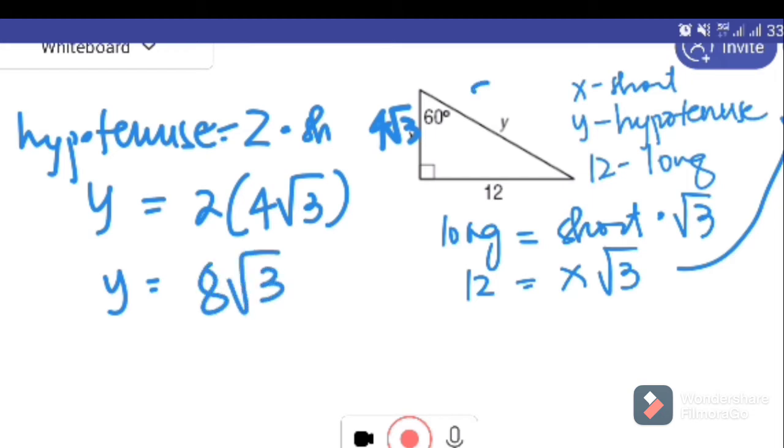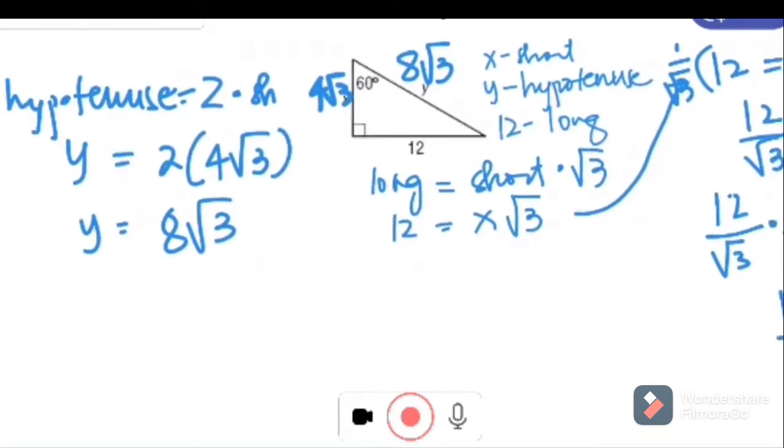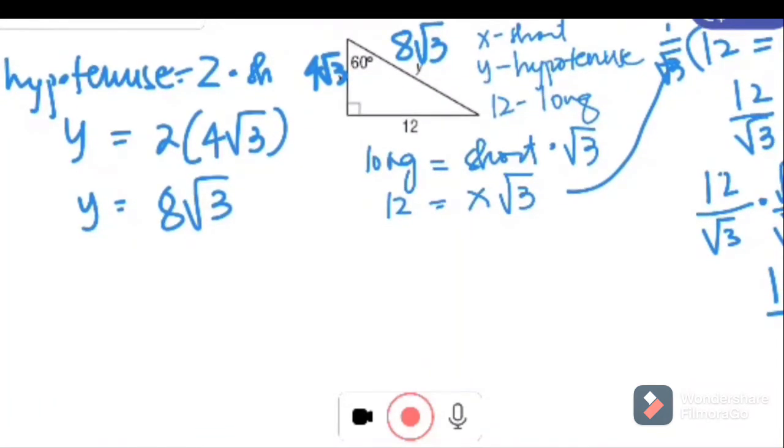So this is our hypotenuse. Now let's check if it is correct by substituting. To find the longer leg, we have square root of 3 times the shorter leg. Let's just try. Let's find the long leg. So that's square root of 3 times the shorter leg.